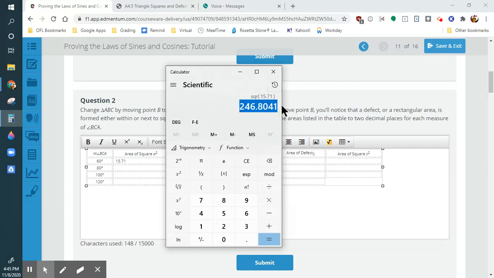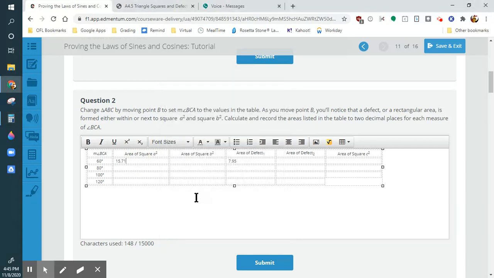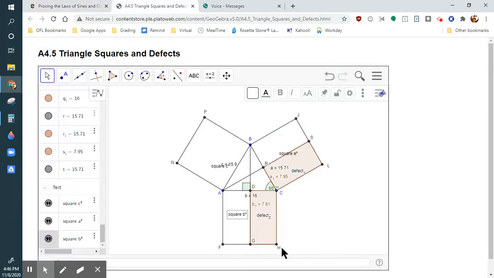I'm assuming that's what they want me to do. This is still going to be 256 because we didn't change that 16. Area defect. And then the area defect is 7.86.